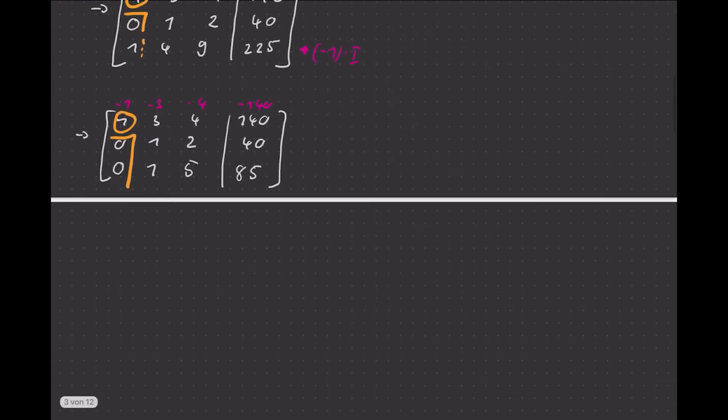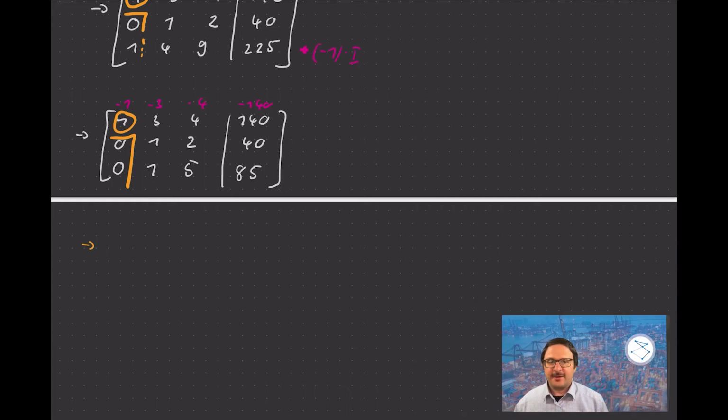And now we repeat that procedure for the remaining part. So we'll select again a leftmost pivot element. We won't touch the first row anymore, so there's no pivot left in the first column because we turn that to zeros.